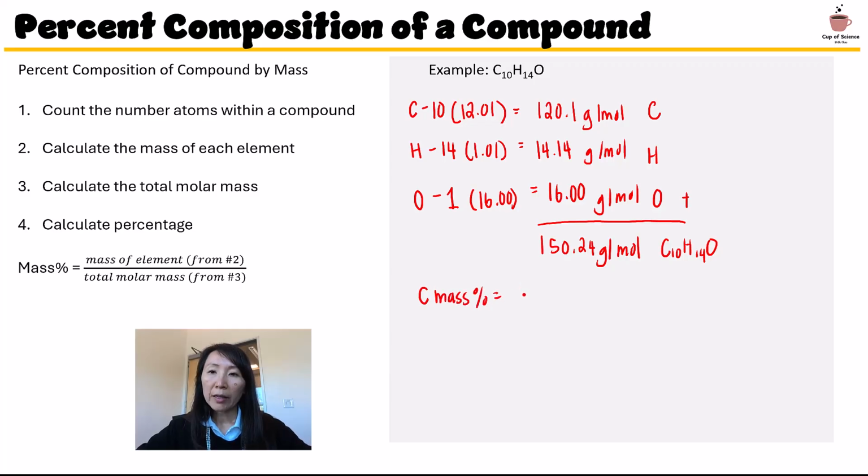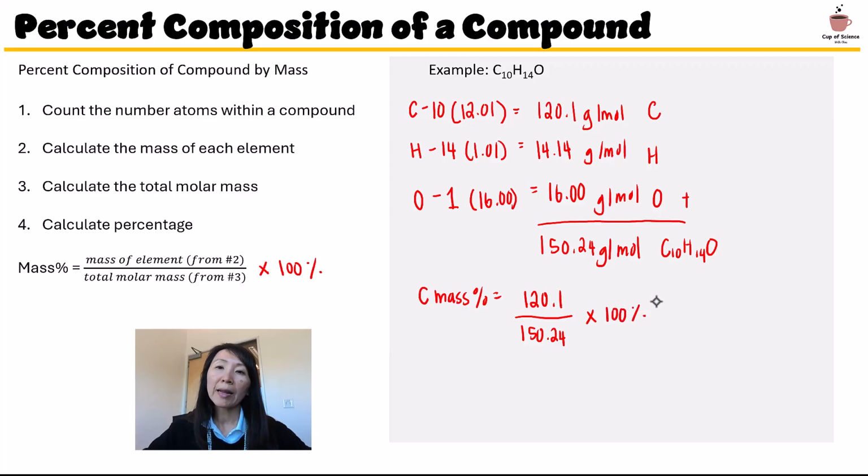We have the carbon, 12.01 multiplied by 10, which is 120.1, and then you're going to divide that by 150.24. Oh, we forgot to multiply by 100 here. And multiply that by 100.